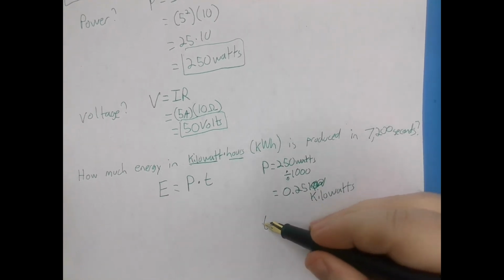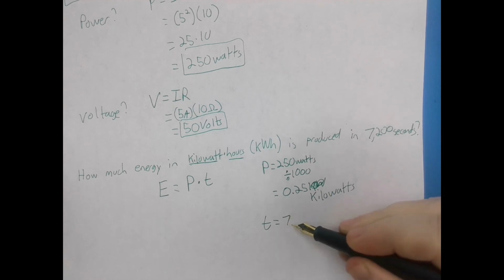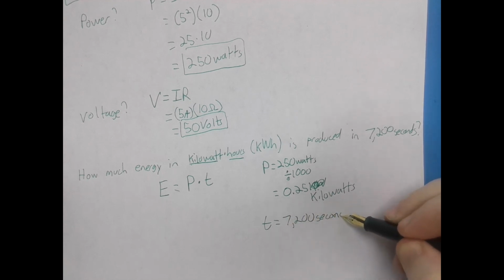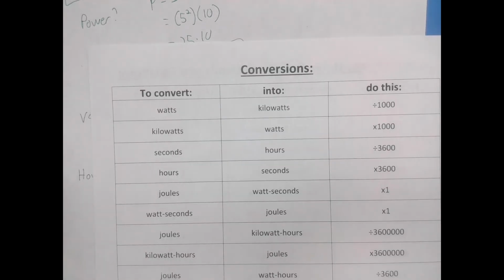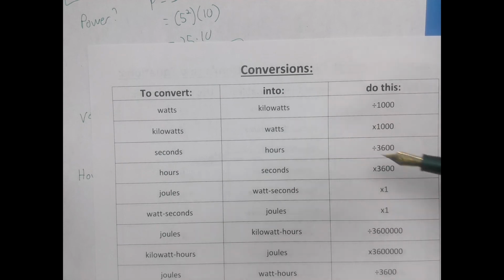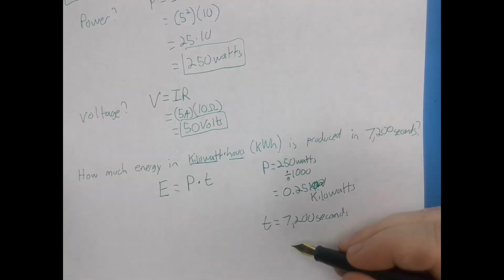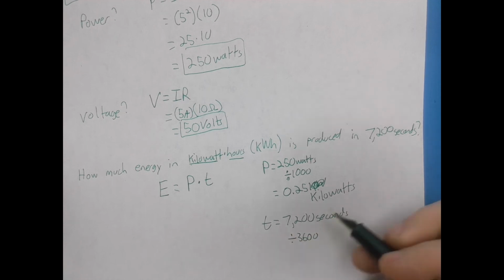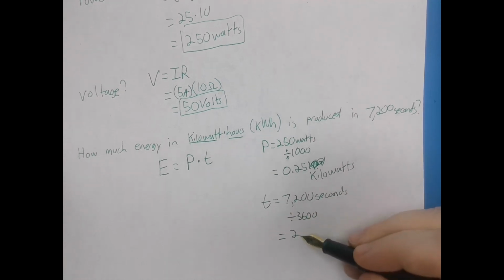Our time is 7,200 seconds. To convert seconds into hours, divide by 3,600, and we get 2 hours.